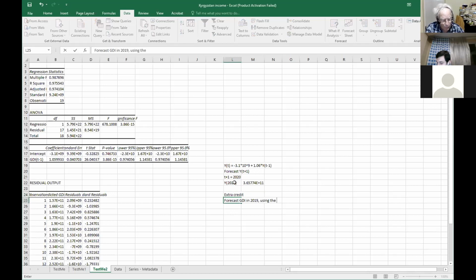This is our autoregressive model of AR1 because the one denotes that they have a 1 year lag in the model. And then estimate the 95% confidence interval.